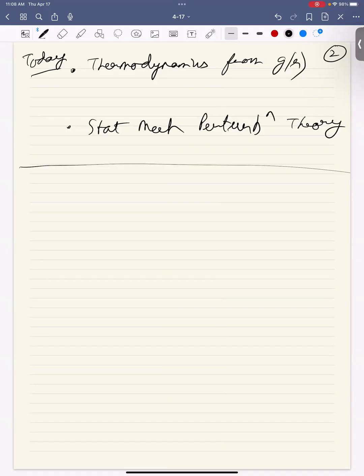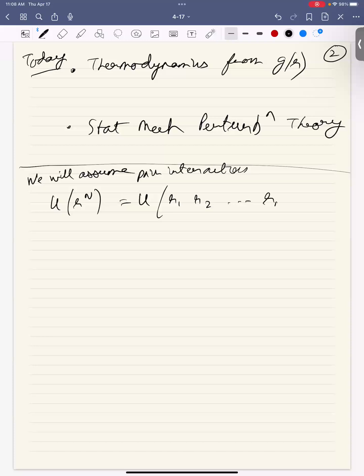So let's get started with thermodynamic property from g of R. So today we will assume pair interactions. What does that mean? So we have a complicated n-body term, U of Rn, which in general depends on R1, R2, Rn, all of these things.